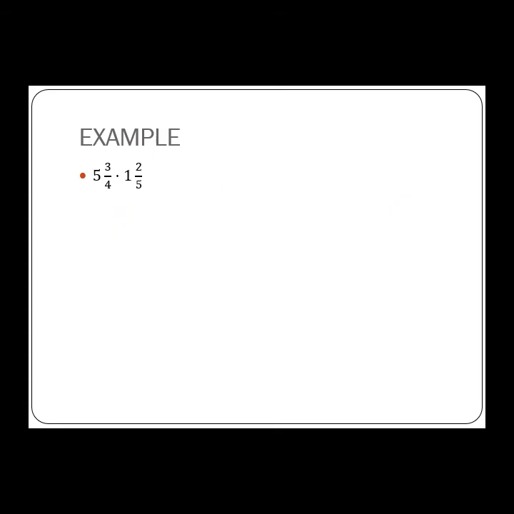If I want to multiply, same thing. Gonna first write them as improper fractions. 4 times 5 is 20, plus 3 is 23/4, times 5 times 1 is 5, plus 2 is 7. Since it's a multiplication problem, I can look and see if there's any canceling. There isn't anything that they have in common, so I multiply straight across.